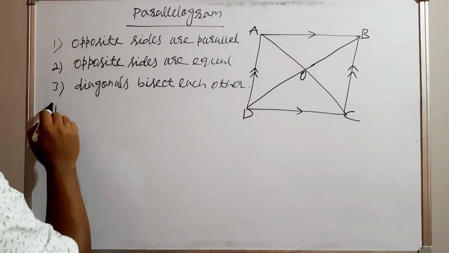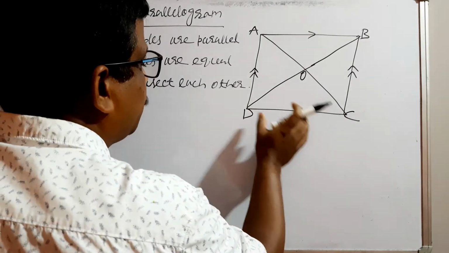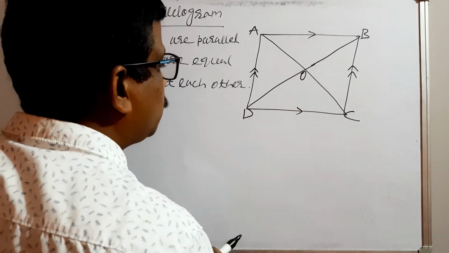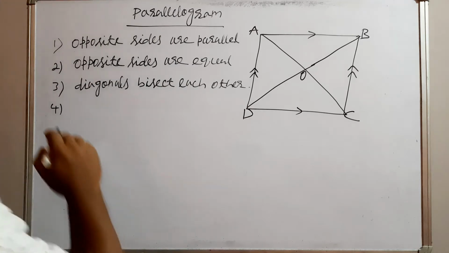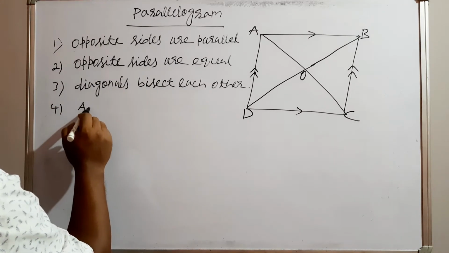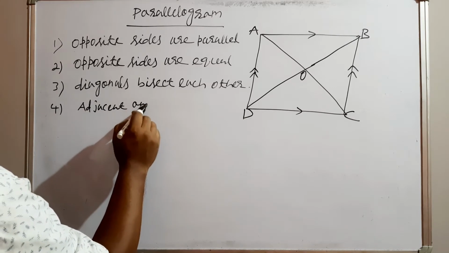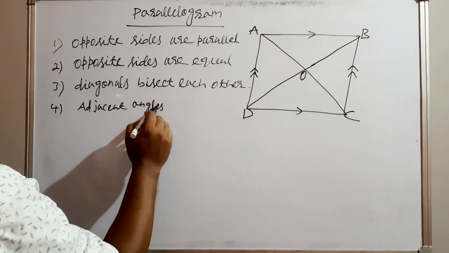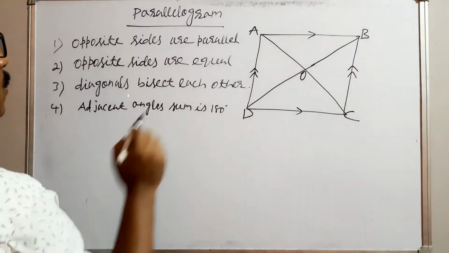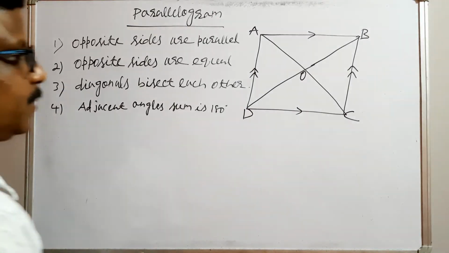Then the fourth property is that the adjacent angles in a parallelogram sum to 180 degrees, or the co-interior angles. So adjacent angles sum is 180 degrees.